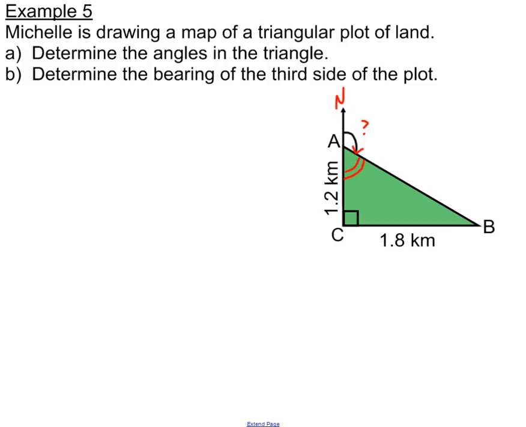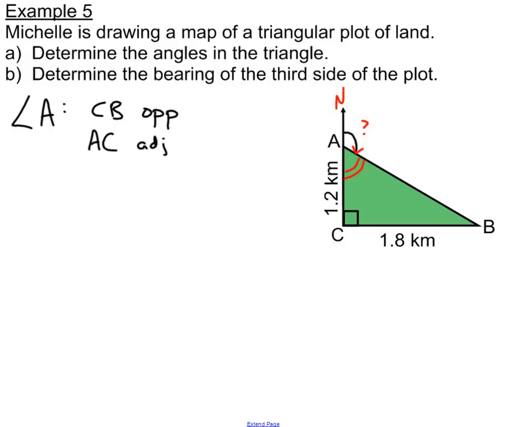So let's label the side lengths relative to a chosen angle. Why not just go directly with vertex A, and from A we would say that CB is the opposite and AC is the adjacent.